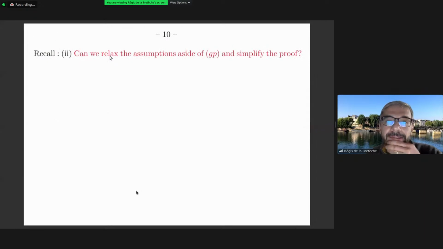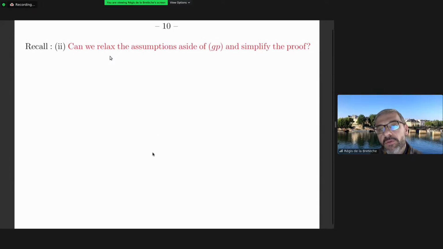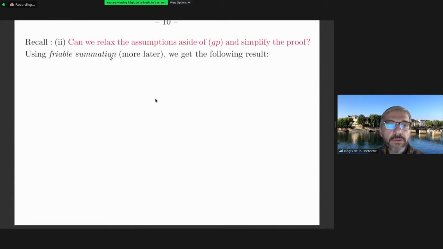Okay, so the second question is, can we relax the assumption on G and use a simplified proof or a different proof? So for this, we use a friable summation.